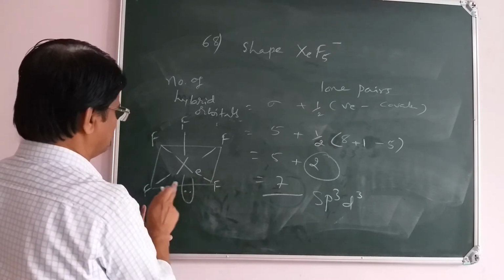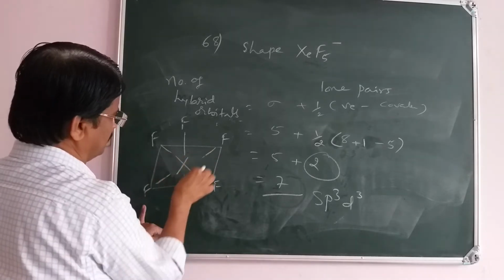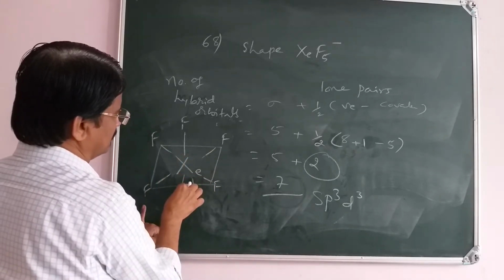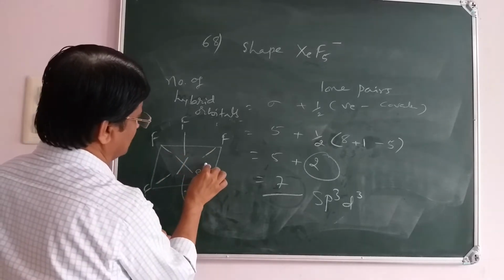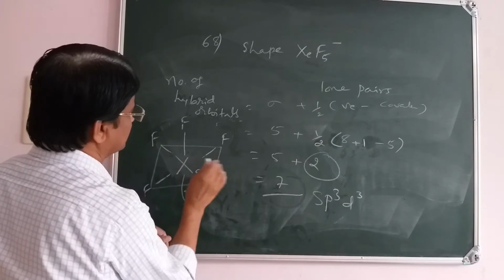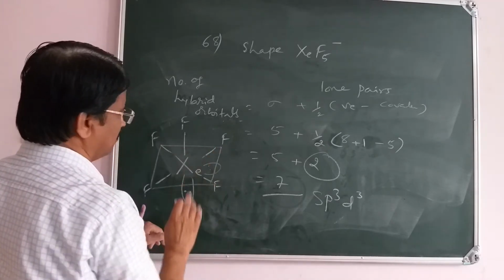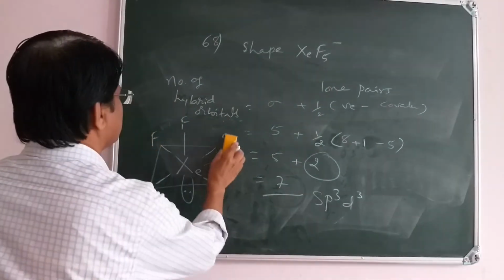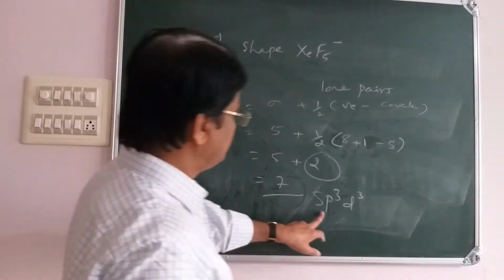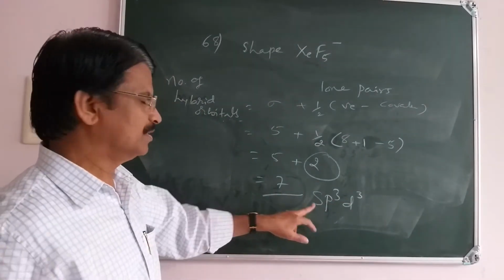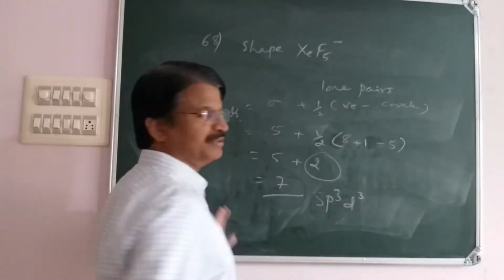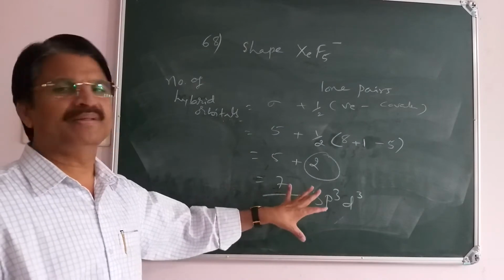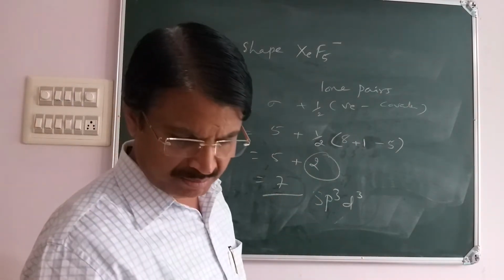Actually, there are 2 lone pairs. 1 lone pair, 2 lone pairs. You can show one more lone pair like this, but actually it contains 2 lone pairs. Anyway, the geometry of sp3d3 hybridization is found to be pentagonal bipyramidal.